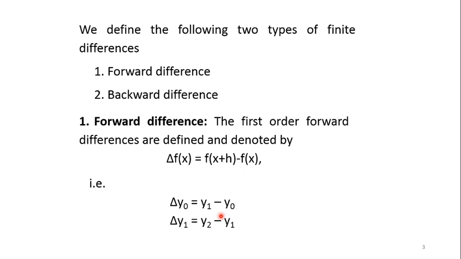For the next entry we calculate the forward difference as y2 minus y1 and so on. You can continue for delta of y2 as y3 minus y2, and so on. For our entries we can define this first order forward difference by delta of yr equal to y of r plus 1 minus y of r.